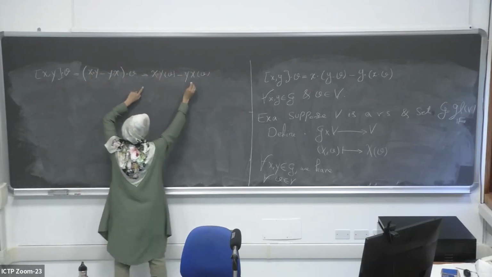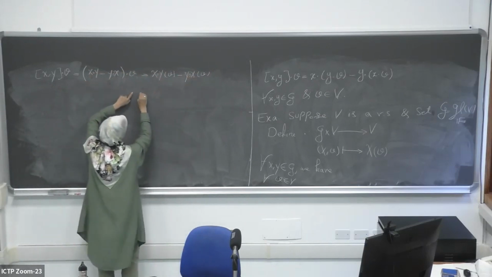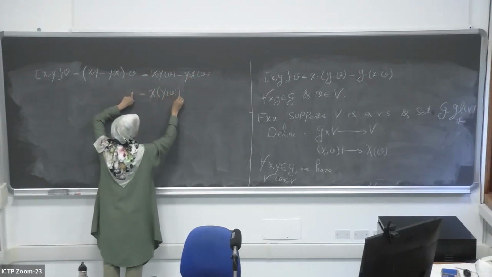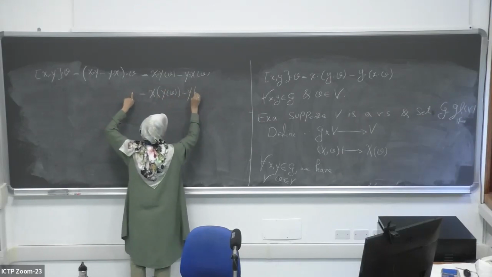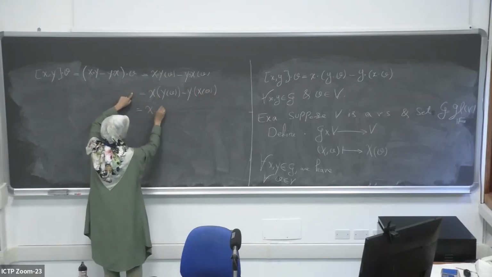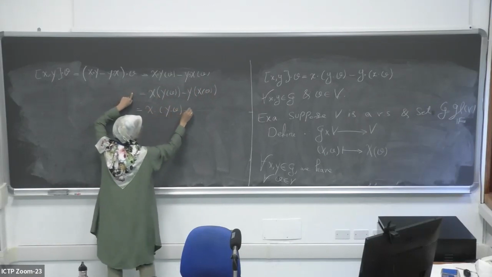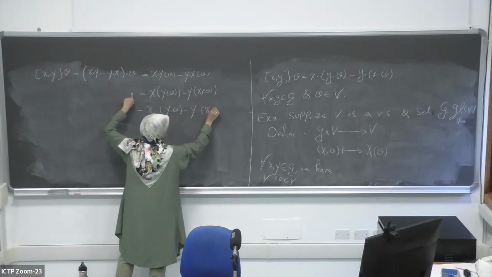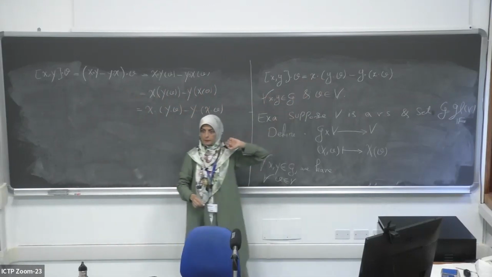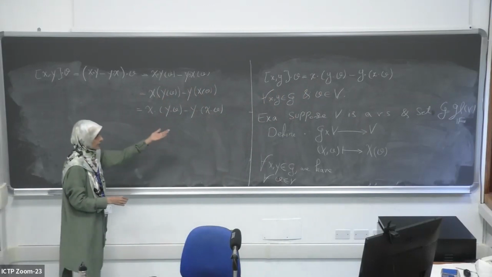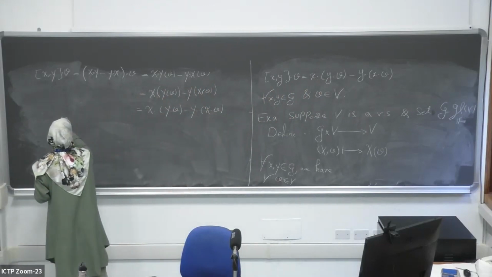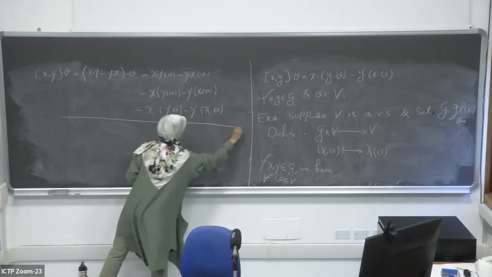Here we have these and we have these, and so it is x(y(v)) minus y(x(v)). It is exactly something that I did. Okay, so it is an example of a module of a Lie algebra.